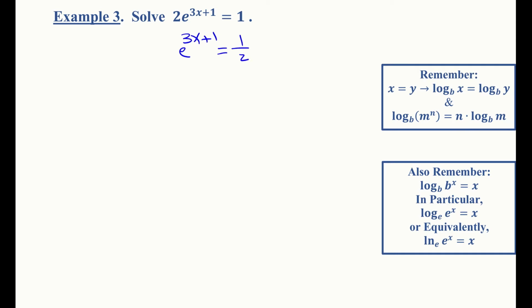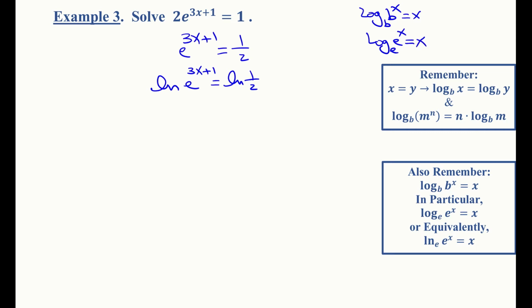Now we go ahead and apply the log base e to both sides, which, as you know, is also written as ln of e to the 3x plus 1 equals ln of 1/2. Now, if you remember, log base b of b to the x is just x, right? So that means that works for e as well. Log base e of e to whatever gives you that whatever as well, right?